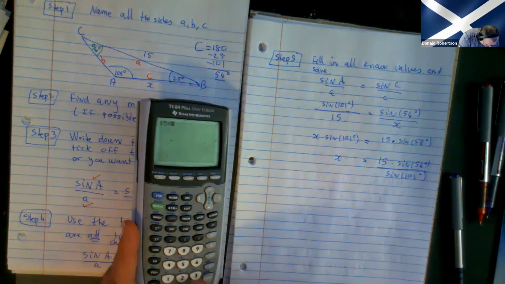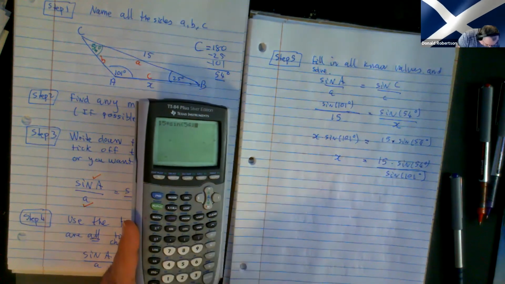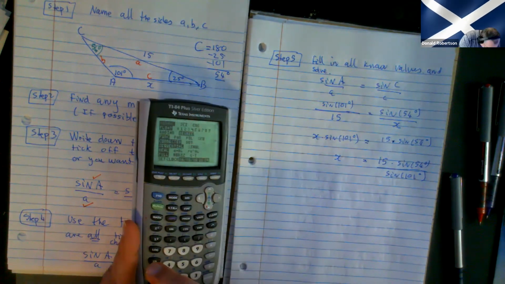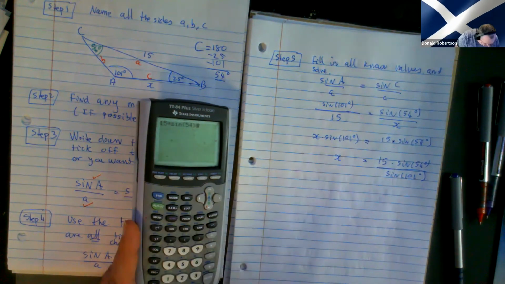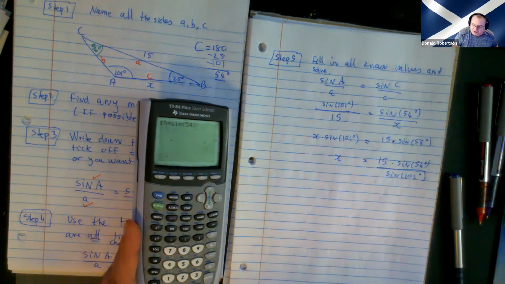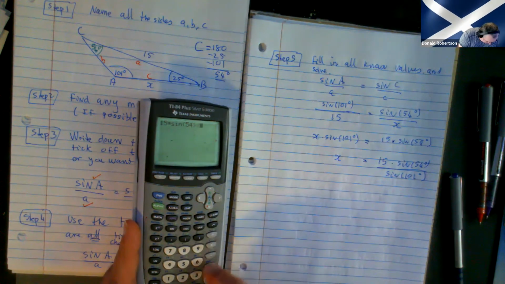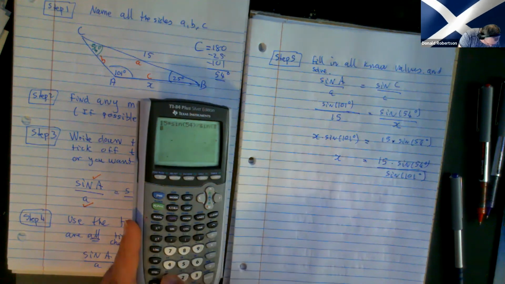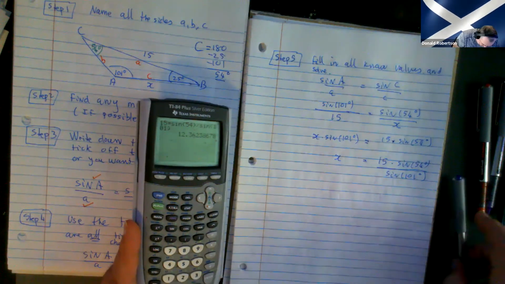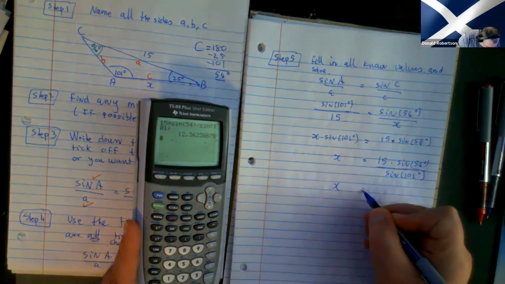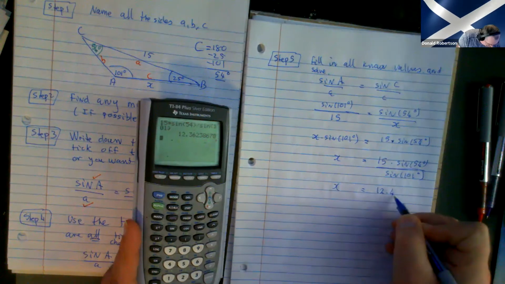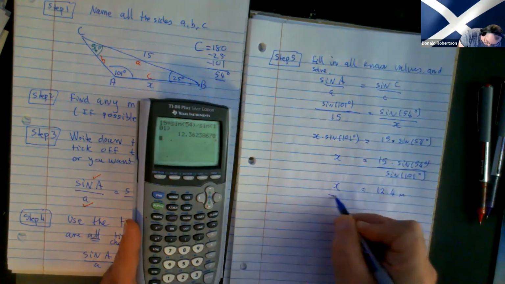So 15 times the sine of 54, making sure that I'm in degrees, divided by the sine of 101. Let's say the question was to 1 decimal place. We now have 12.4. Let's say the units were meters.